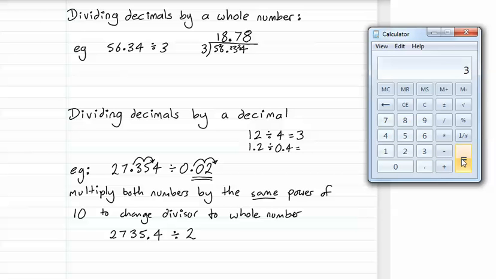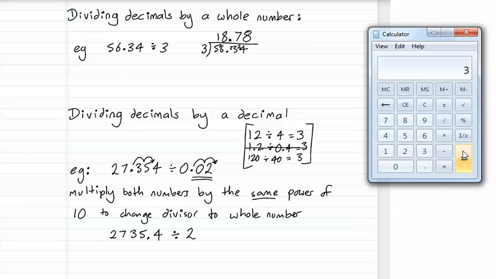If I multiplied both of them by 10, 120 divided by 40, I still get 3. So as long as I do the same thing to both sides of the division, I can make my division easier, or harder in the middle case there, much more difficult.